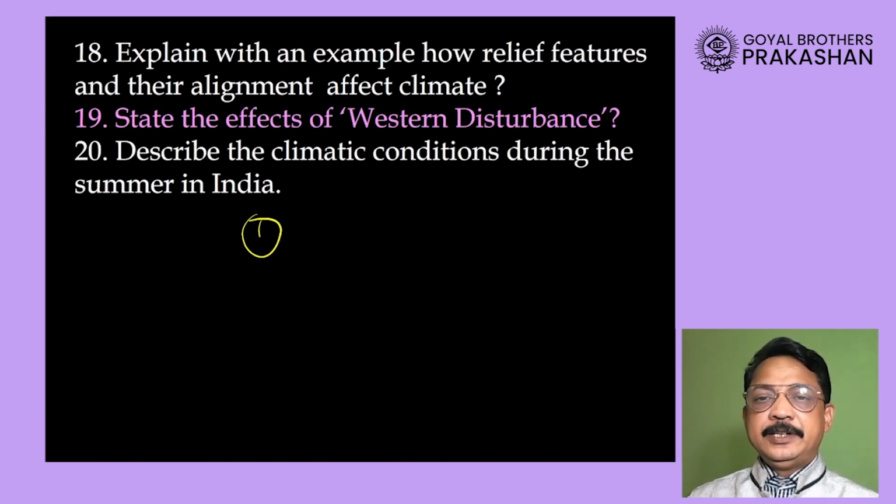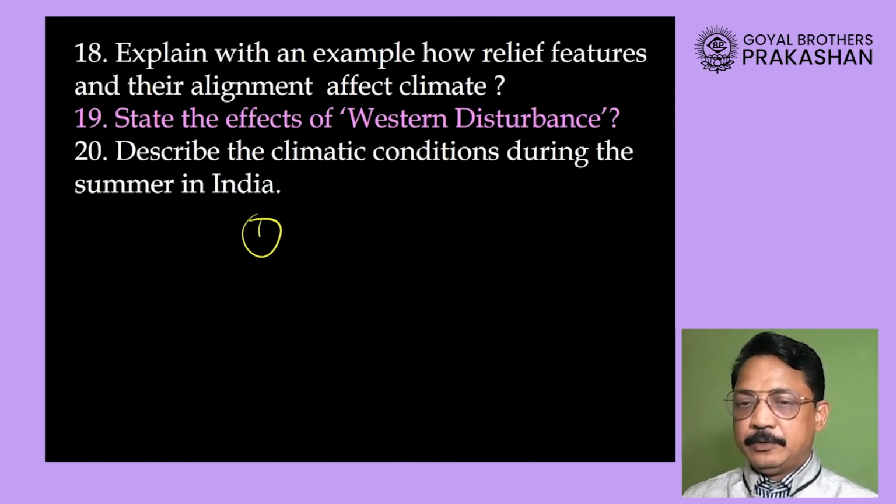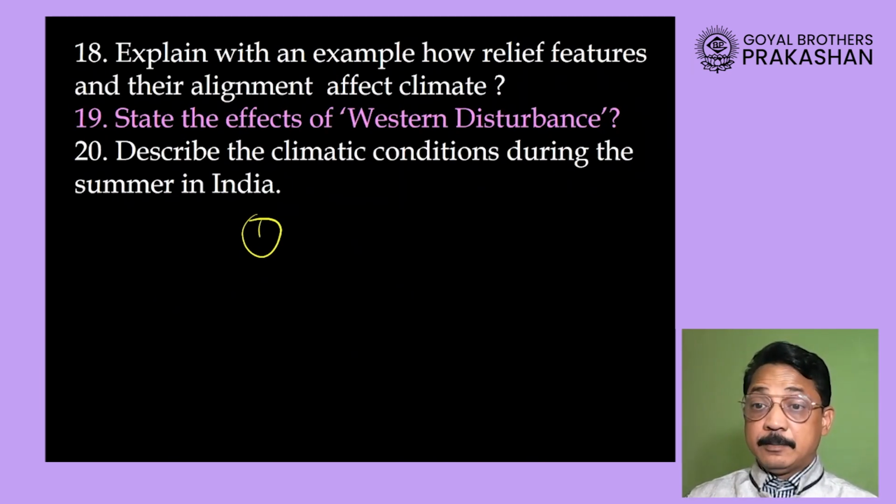Now the next question is describe the climatic conditions during the summer in India. So first thing, dear student, you have to write down with respect to the atmospheric pressure, that in India during summer time the atmospheric pressure is low.